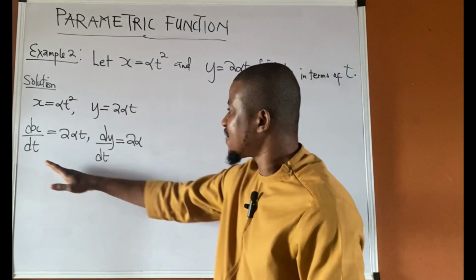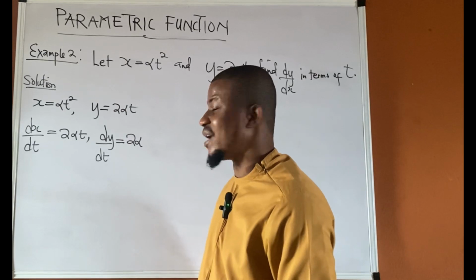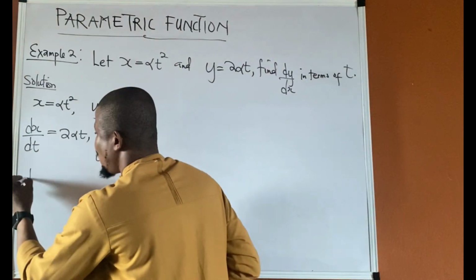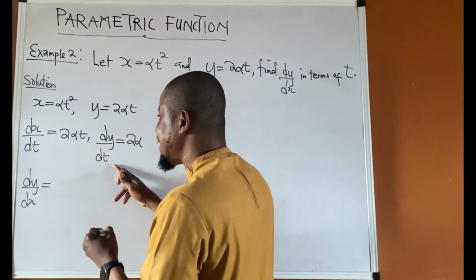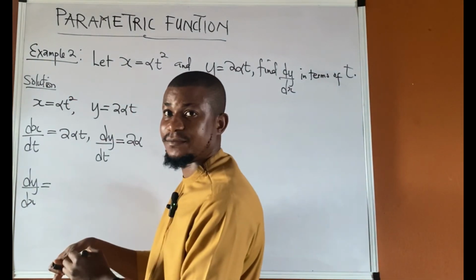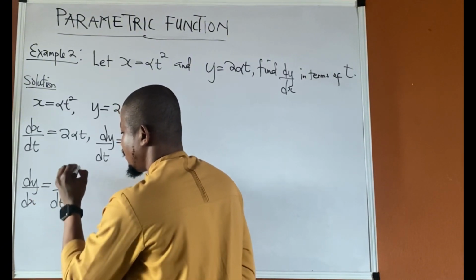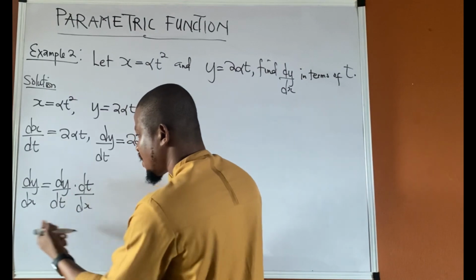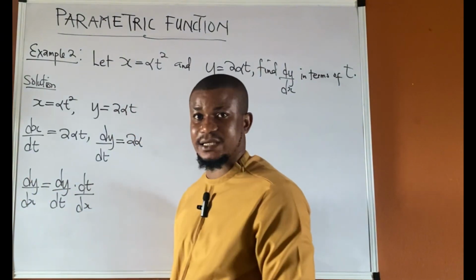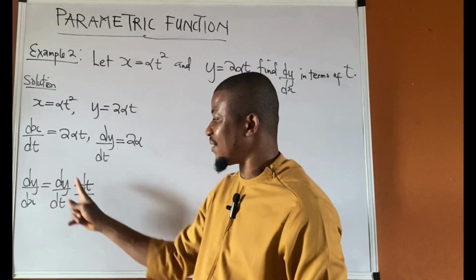Okay, now the next thing is to find our dy/dx. Let's see how our dy/dx will look. Our dy/dx would be dy/dt times dt/dx, such that dt can cancel and you return back to dy/dx. But if we want to achieve this, from here we have dx/dt and not dt/dx.